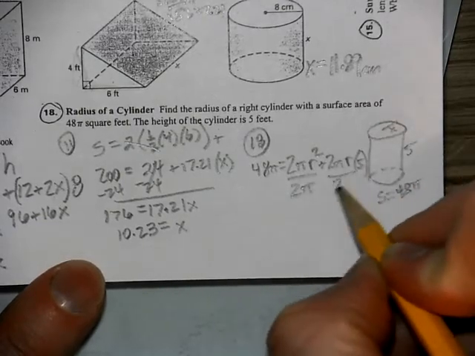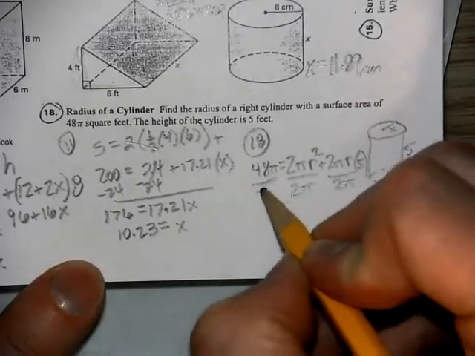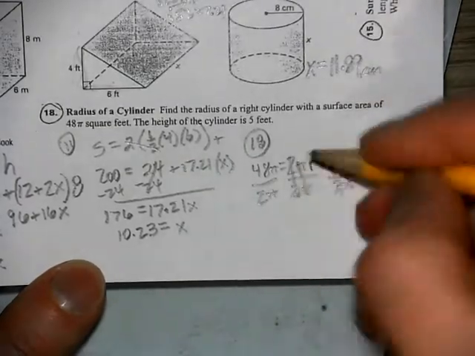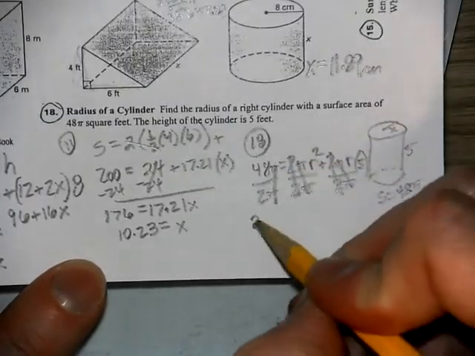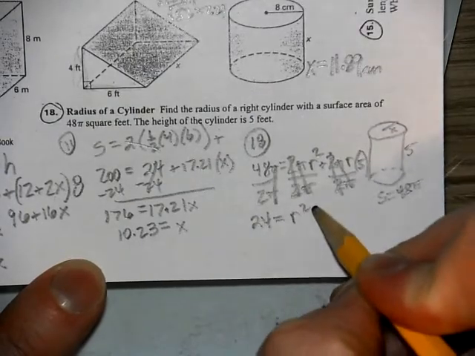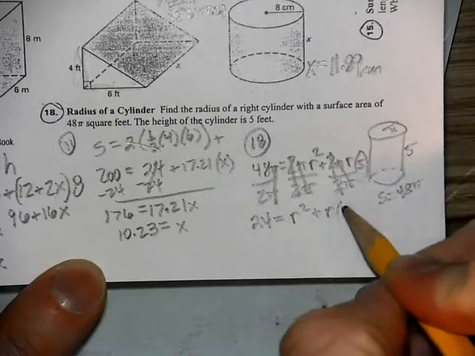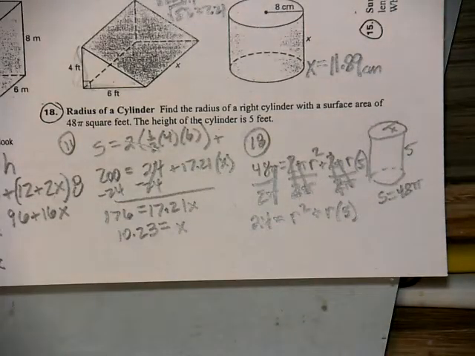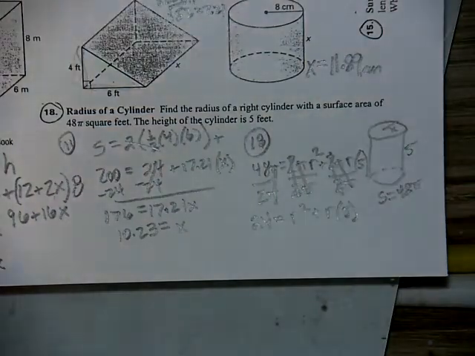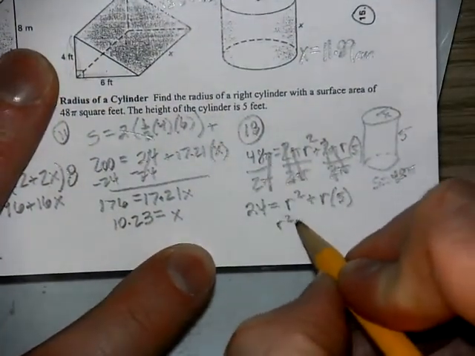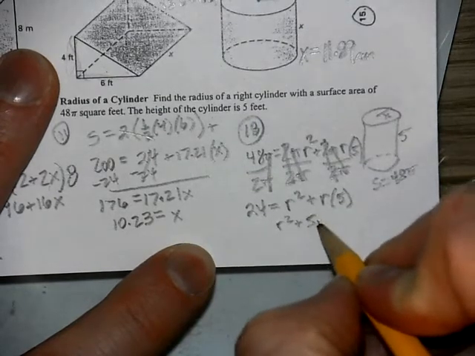That would be one way to get rid of all of these 2 pi's. We get 24 that equals r squared plus r times 5. And actually, the only way to solve this one is r squared plus 5r.